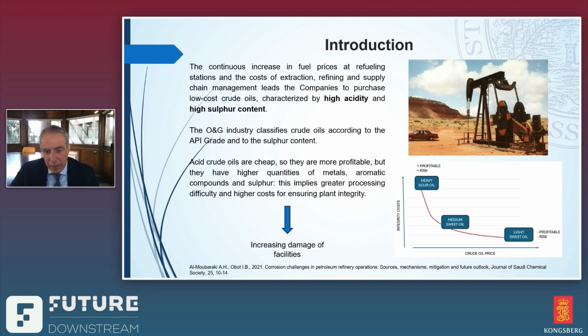But this is also balanced because of the higher integrity cost, because these high acidity and high sulfur content oils obviously put in danger the plant because of the higher corrosion mechanisms that they have.